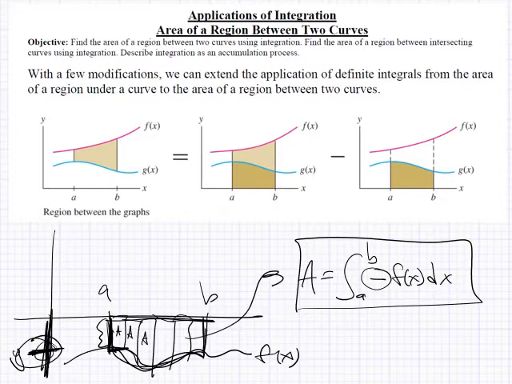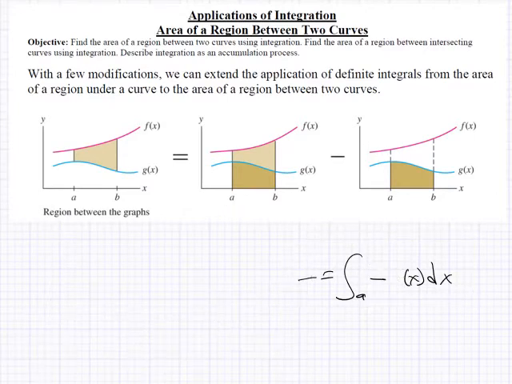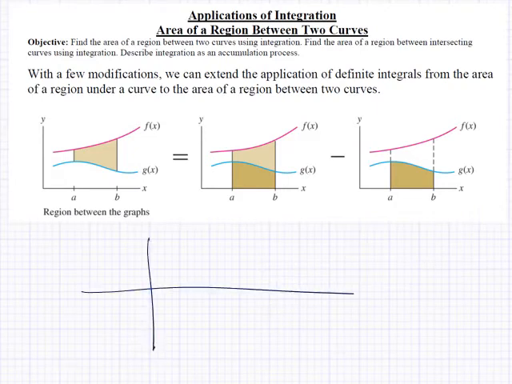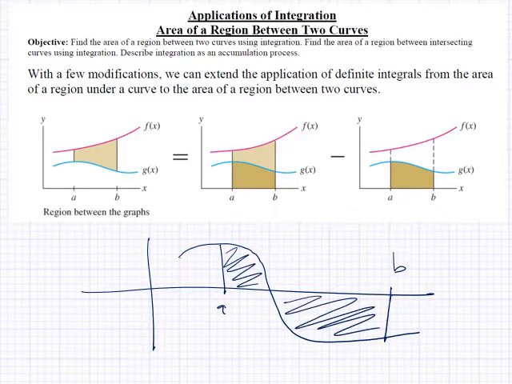Okay, one more scenario. And this final scenario is that we have a function that's above the x-axis sometimes and below the x-axis sometimes. And we want to find the integral from a, say, to b. And so we want to find all this area here.